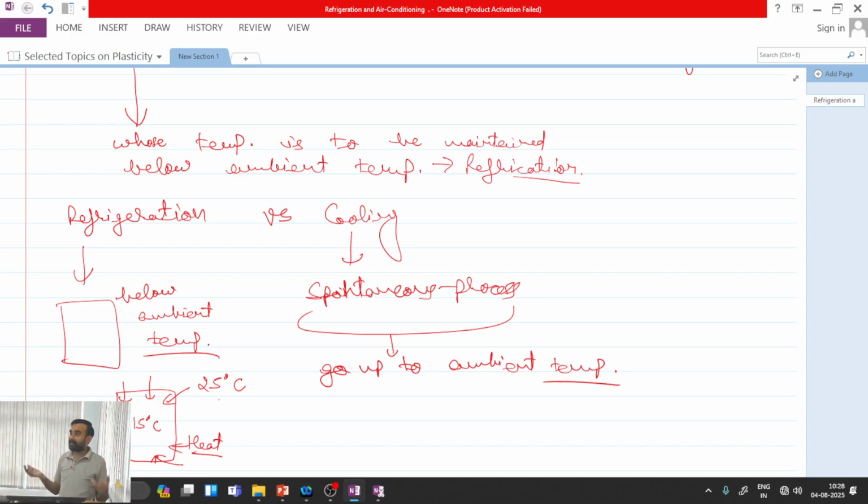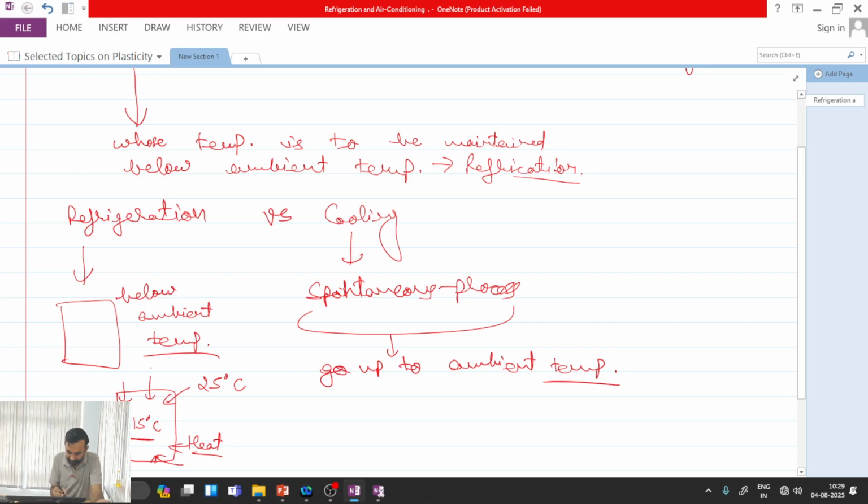Now, our interest is that this room should always be maintained at 15 degrees Celsius. So how can this be achieved? This is only possible if, whatever amount of heat leakage is coming from ambient to the room, I can remove the same amount of heat from the room. Whatever heat is entering, I need to remove this entire amount from the room, then only will I be able to maintain the room at the same condition.